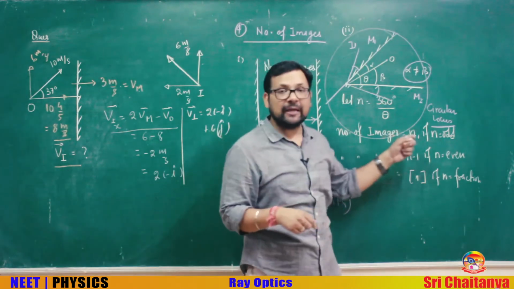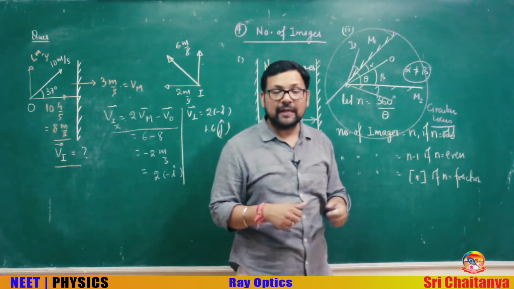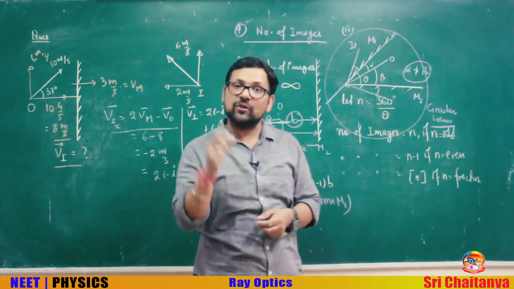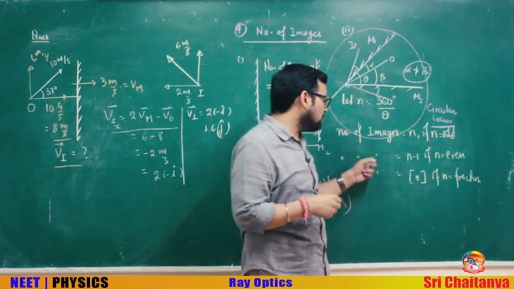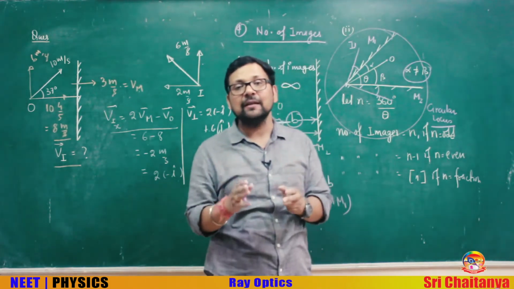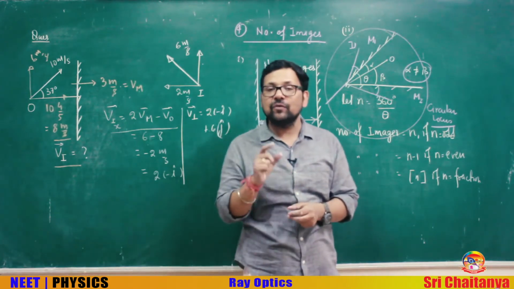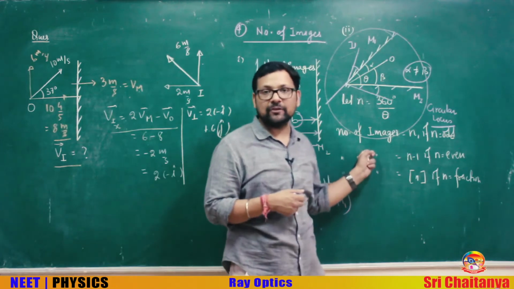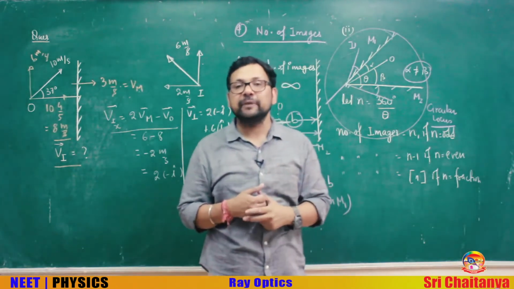Number of images will be n if n is even. Like suppose in that case, if theta was 60 degrees and n was 6, the number of images is 6, and the number of images will be n minus 1 if n is odd. So in the angle bisector case, the final answer should always be an even number. This is a very important concept for reflection at a plane surface.